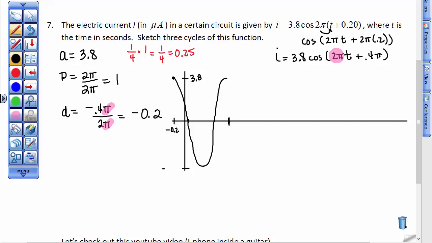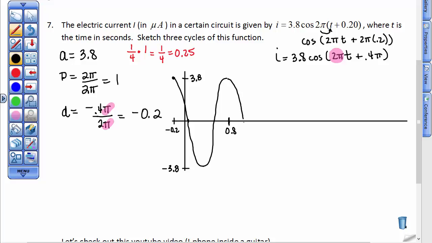I'm going to put this negative 3.8 down here. The period is 1, and I went from a negative 0.2 all the way over to here, 1 second. So if I go through that 0.2, how much do I have to go through here to get to a total of 1? Wouldn't that be 0.8 seconds? It says sketch 3 cycles of this curve. I've done 1.